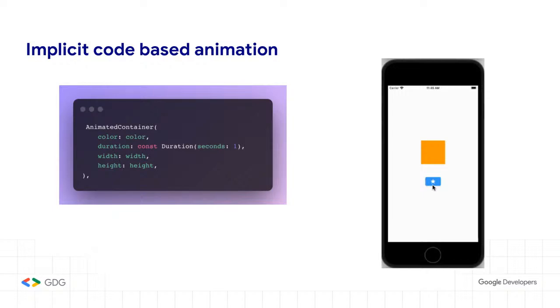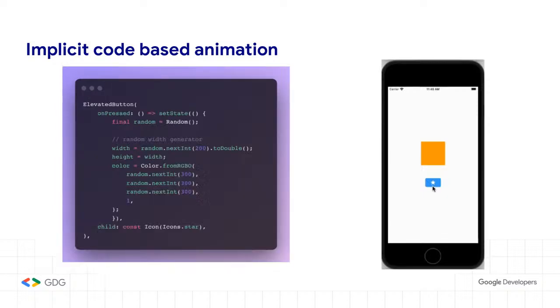And this is the code for the animated container. You will notice that this is different from the regular container because there is an extra parameter called duration, which is the time during which the animation will appear. Also notice that color, width, and height are the variables that have been assigned using random numbers whenever the elevated button is clicked.